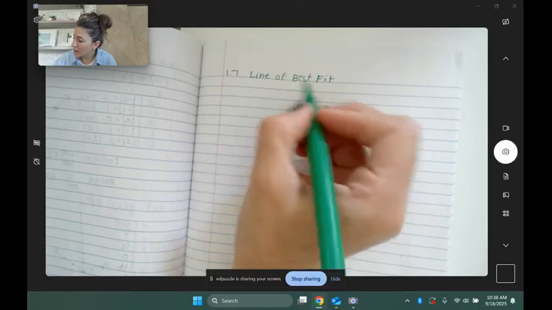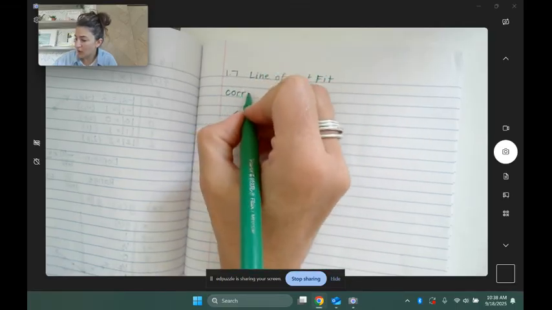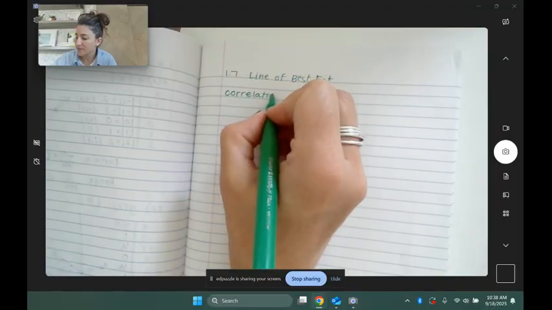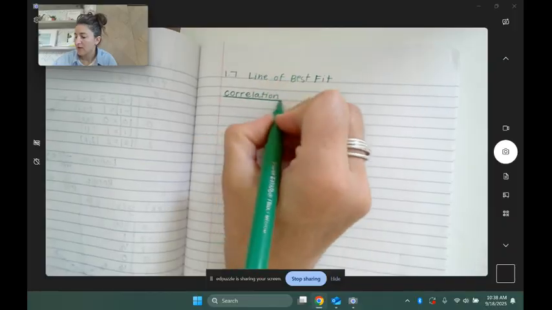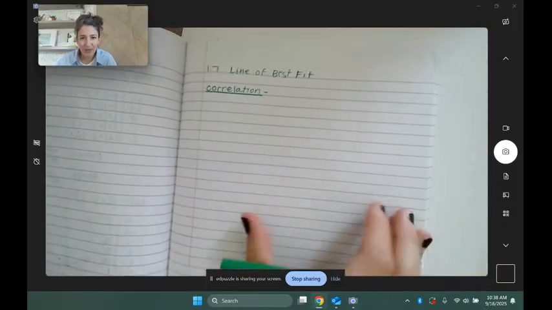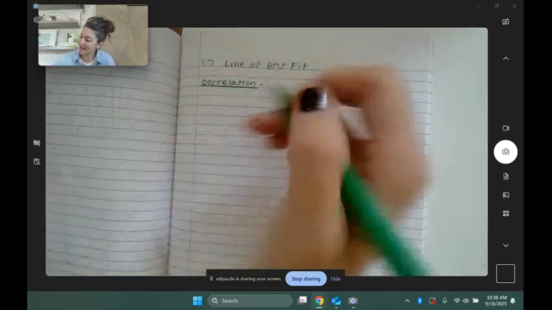And in order to draw a line of best fit, the way that we talk about it is this word called correlation. Correlation is a relationship between two data sets.